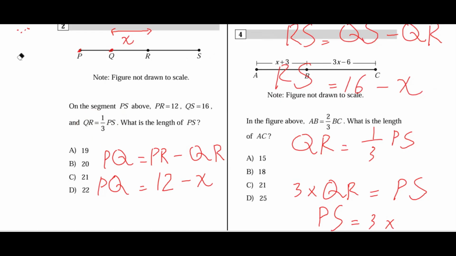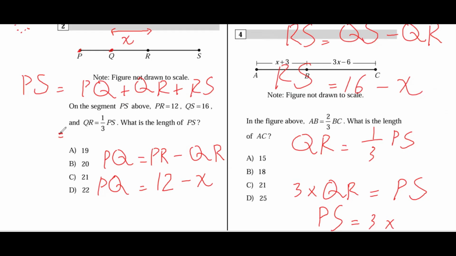Now, if we use the segment addition postulate, then the whole line segment is equal to PS. That would be PS equal to PQ plus QR plus RS. And what is the length of PQ?